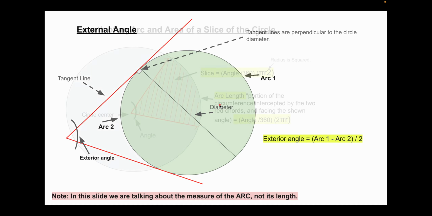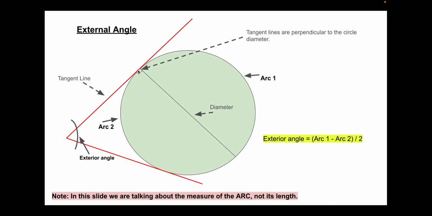If we look now at this line here, this line that divides the circle into equal parts is called the diameter, and it's equal to 2 times the radius. This is the center of the circle. This is a radius and this is a radius. The entire distance of this line is the diameter.